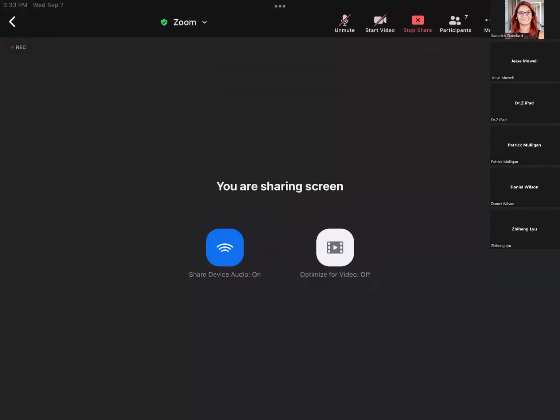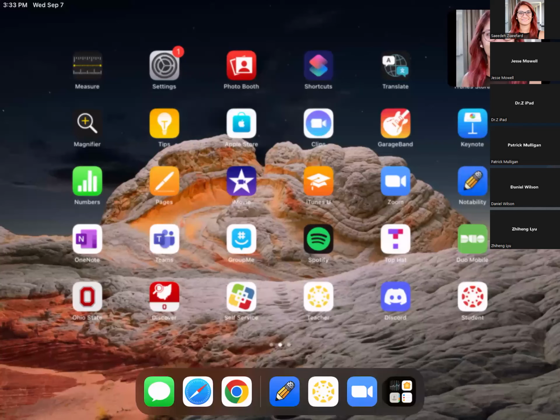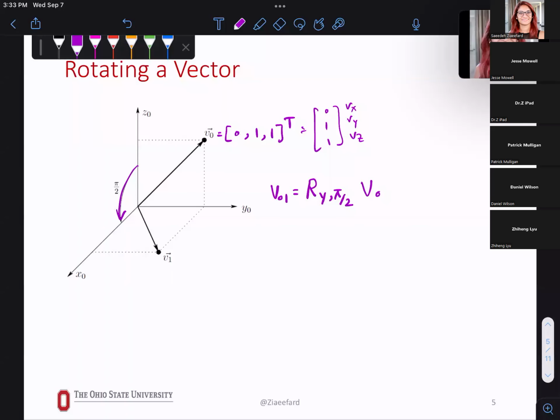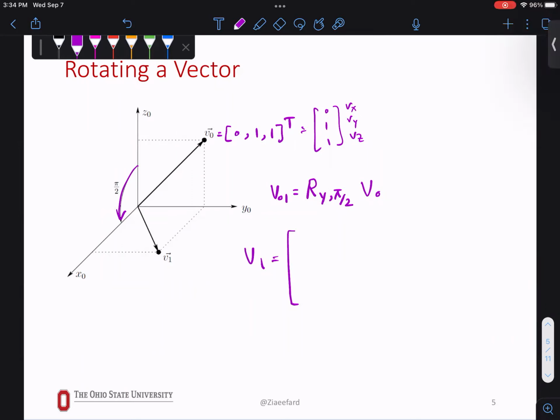All right, back to our very fun topic. Our new V, I'm just going to shorthand call it V1, is going to be whatever the rotation matrix gives. I can do this full screen. The rotation matrix, you should be able to find it now by visual observation. You've leveled up, so you can use your visualization.